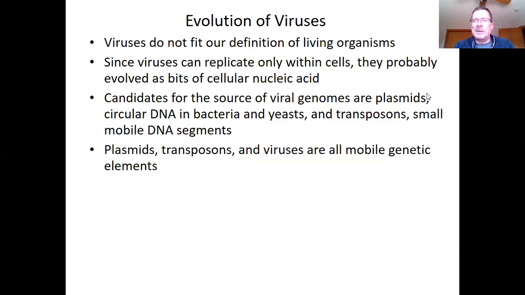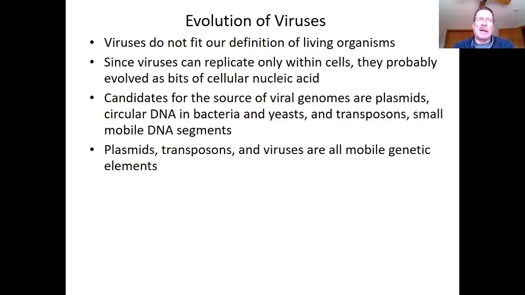Okay, so where did viruses develop? It's a good question. There's some discussion. They don't fit our definition of living organisms as you looked at. Viruses replicate only within cells, so the thought is they developed as bits of cellular nucleic acid, and how they look at that is you look at plasmids in plants and bacteria that are their own circular DNA, and transposons, those movable parts of the genetic complement that are small and mobile.